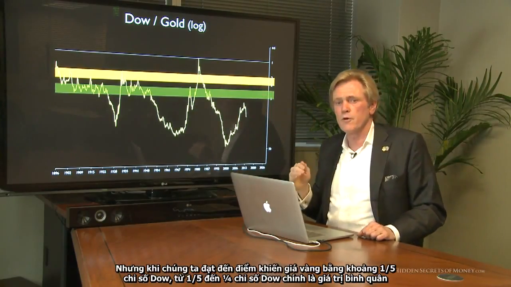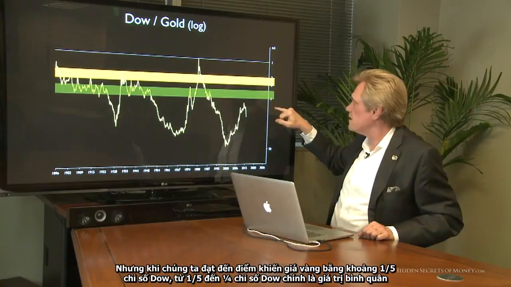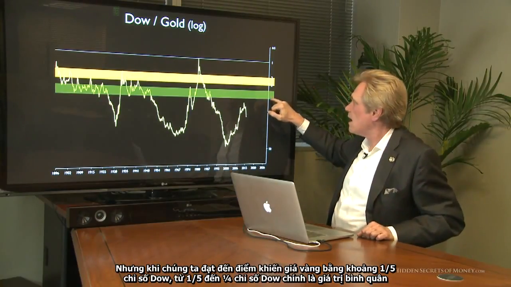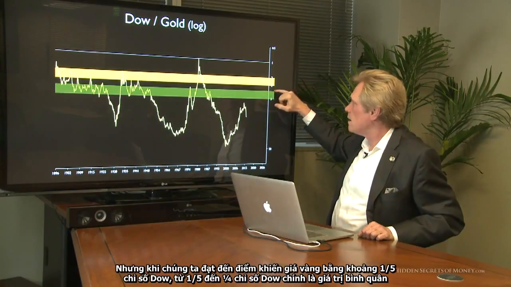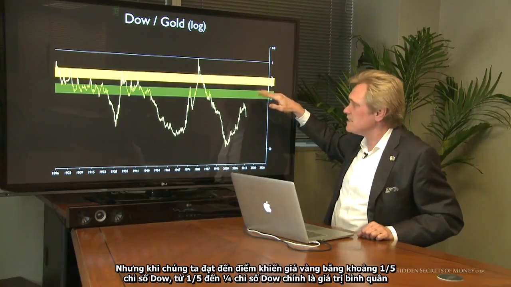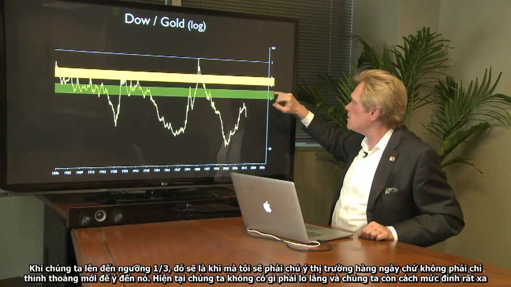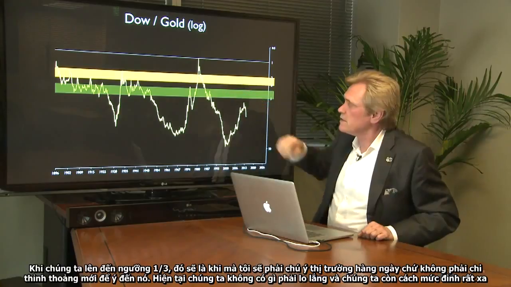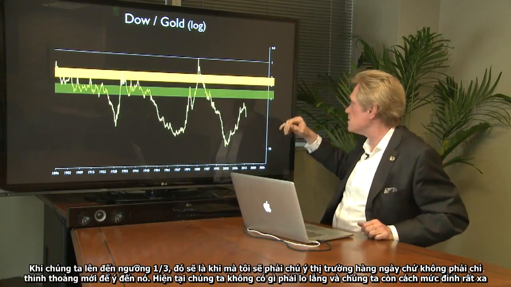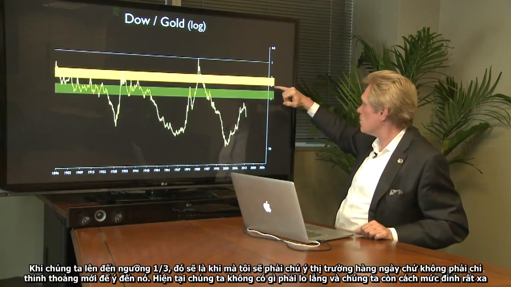But when we get to the point where gold's price is about 1/5 of the points on the Dow, that's in the 1/5 to 1/4 of the points on the Dow is fair value. When we get to 1/3, that's the area where I'm going to be watching this on a daily basis instead of just looking at it once in a while.